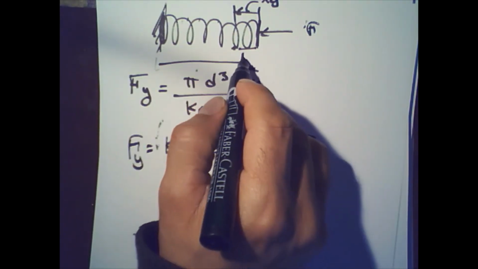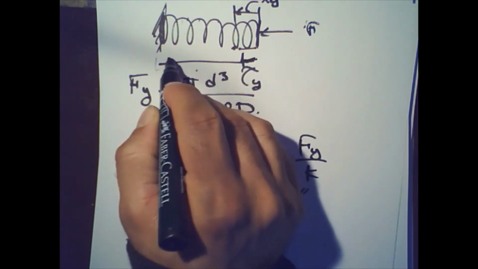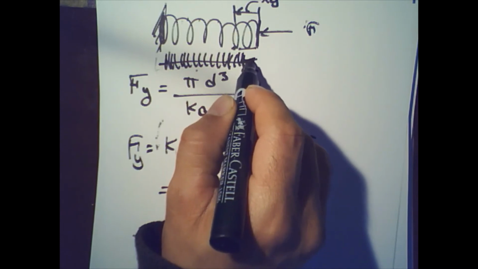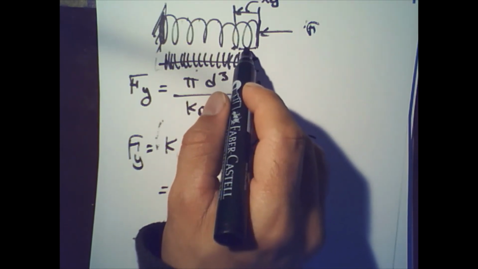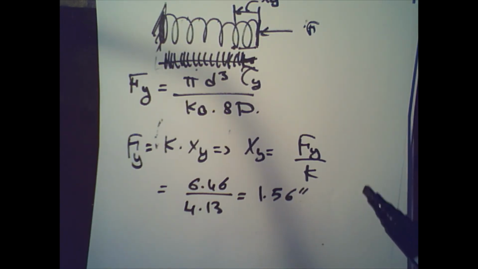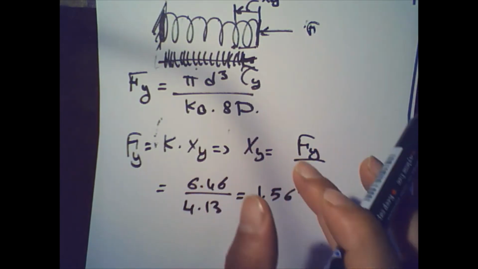So the spring will essentially close, and you would no longer be able to close the spring if it exceeds the solid length of the spring. This is what you want to do so that you definitely prevent yielding, because the coils will be basically sitting on each other.